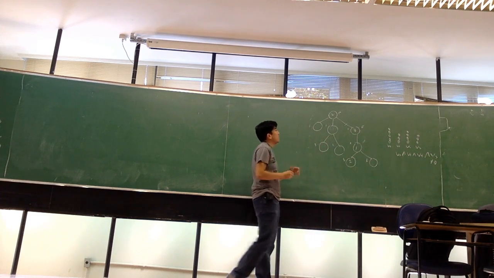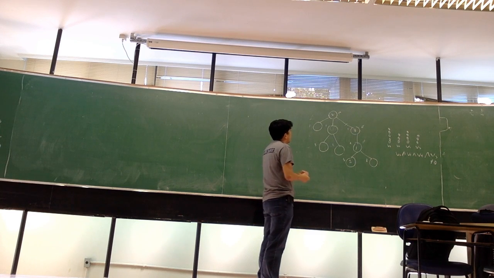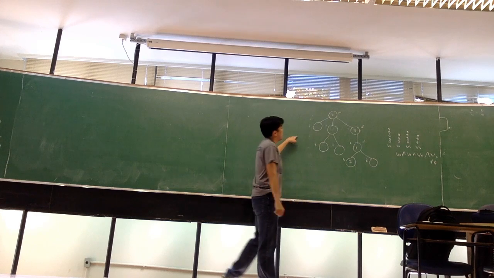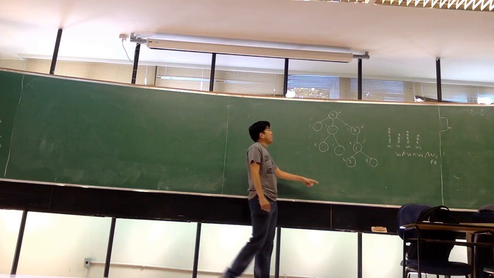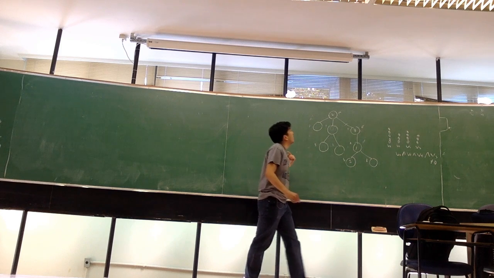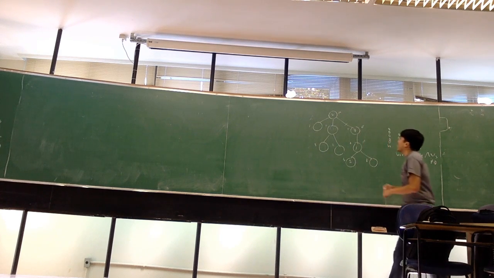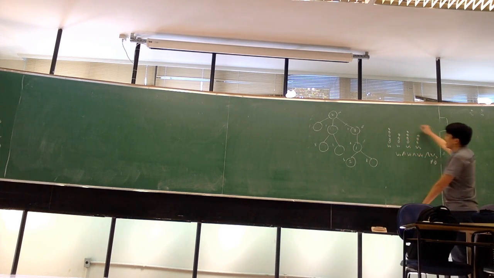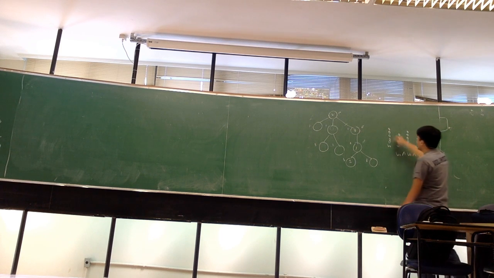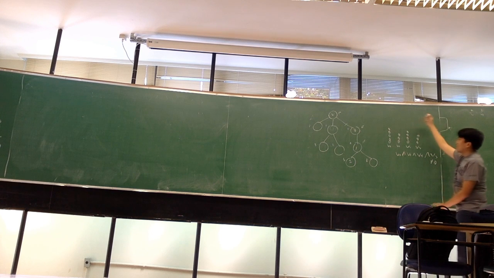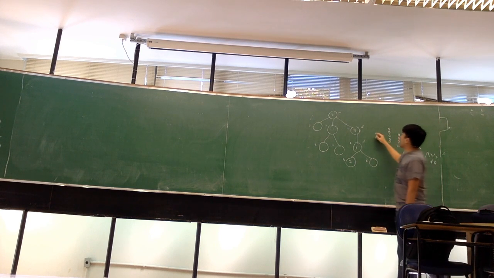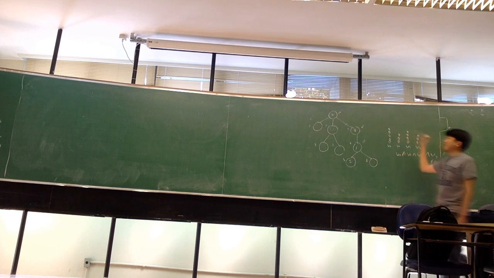The if part is easy. Actually, the converse is easy. Suppose you construct this secondary game where the number of stones in each pile is equal to the amount of points in the odd vertices.